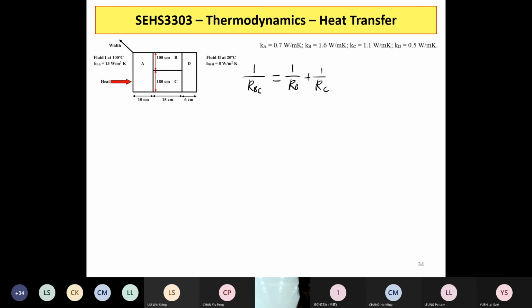You should remember these relationships to solve problems. So by using the value of RB and RC, we can calculate RBC as 1 over. So what's the number for RBC?